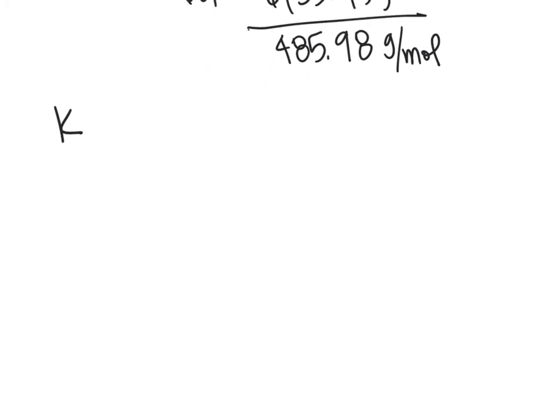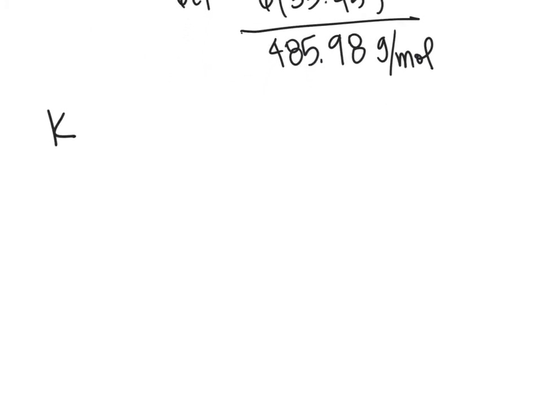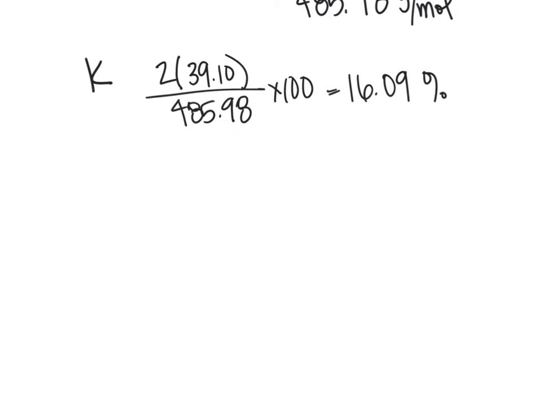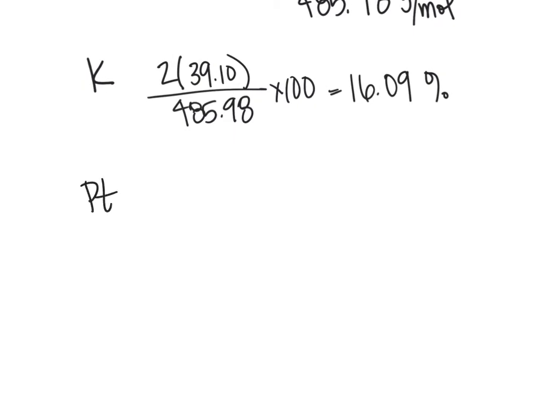From here, we can again calculate the percent composition for both potassium and platinum. So for potassium, it is 2 times 39.10 divided by 485.98 times 100, and that equals 16.09%. The next one asked about platinum.